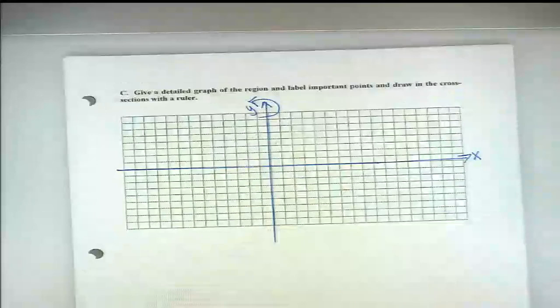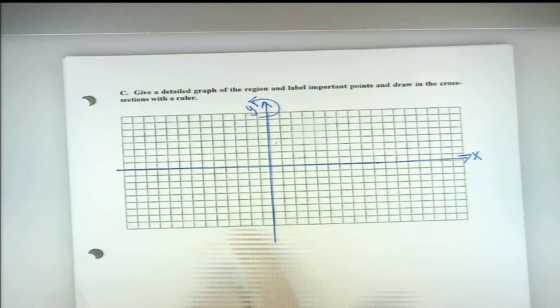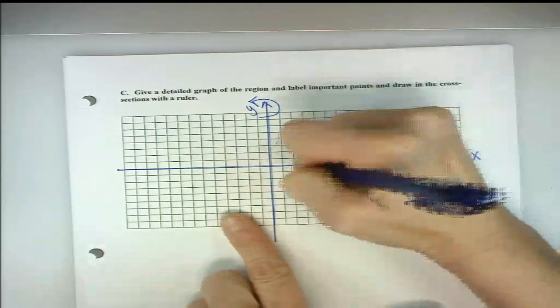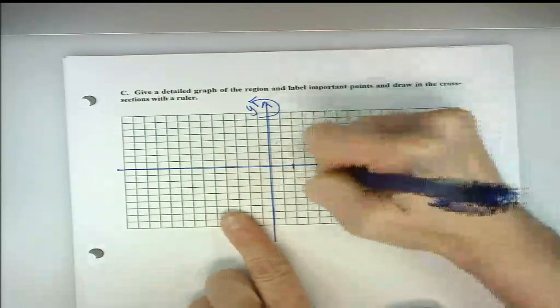x and y, and we're at the y-axis. We're going to go, the squares represent 1, so 1 and 2.